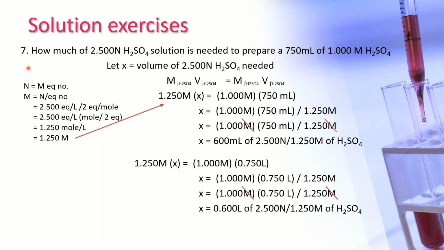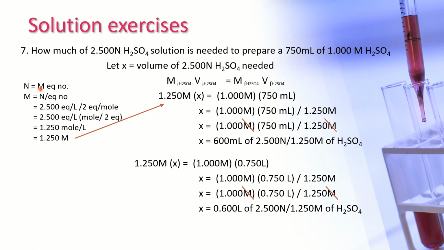Number 7. How much of 2.5 N sulfuric acid solution is needed to prepare 700 ml of 1 M sulfuric acid? Let X be the volume of 2.5 N sulfuric acid needed. First, you have to convert normality to molarity.